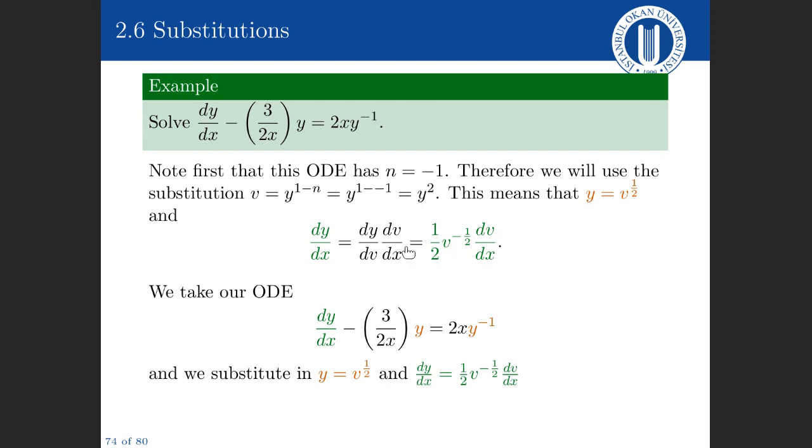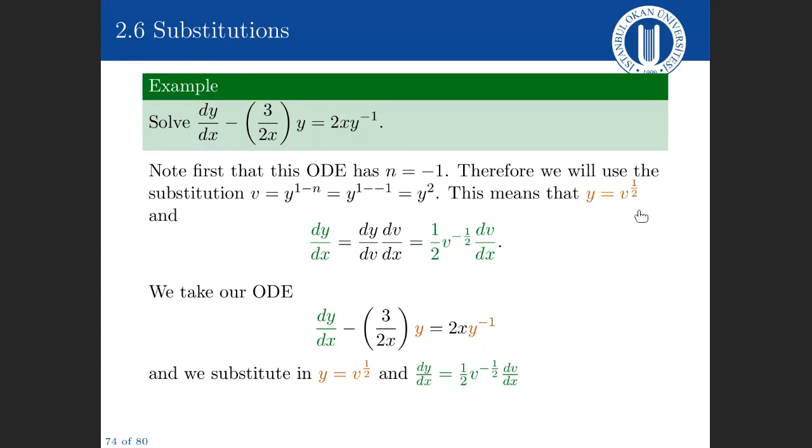Let's substitute this into our differential equation. Our differential equation is dy/dx, which I've written in green, minus 3 over 2x y is equal to 2x y to the power minus 1.